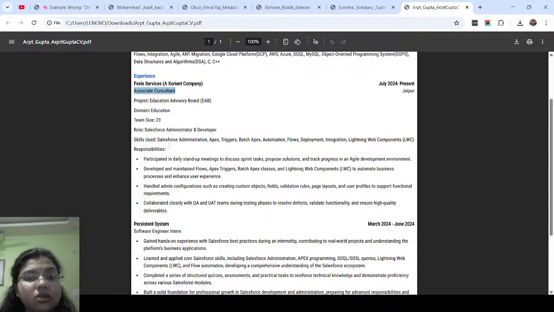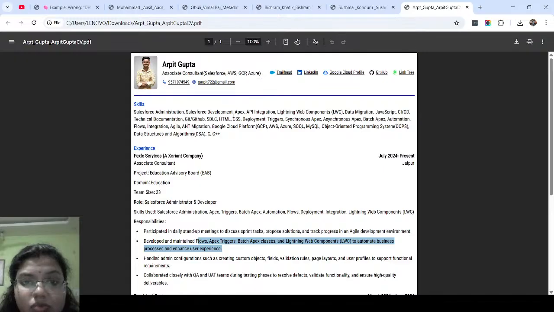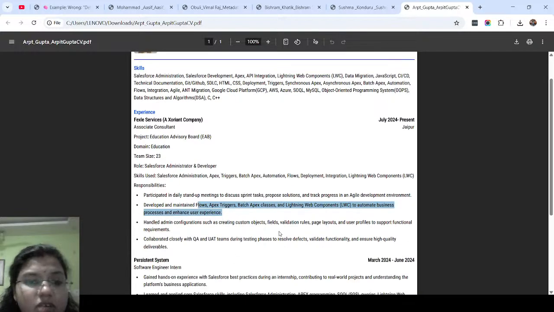Look to it. Then skills used, there's no need of mentioning skills every time you write your experience or project. Again the responsibility says the same thing, flow, apex, trigger, and here it is also apex development and LWC. It's repetitive, there is no need of writing.